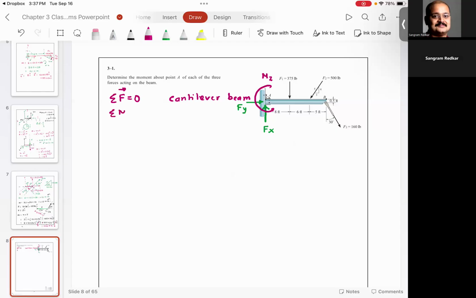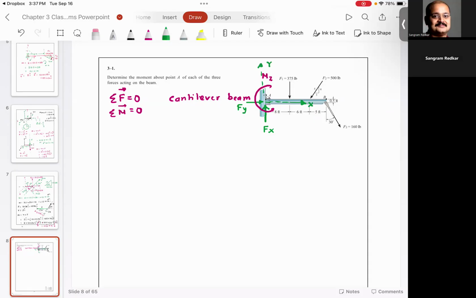The summation of moments about x, about y, and about z are 0. Now let me set up the coordinate system. Extremely important. This is your x. This is your y. Do you agree with me?